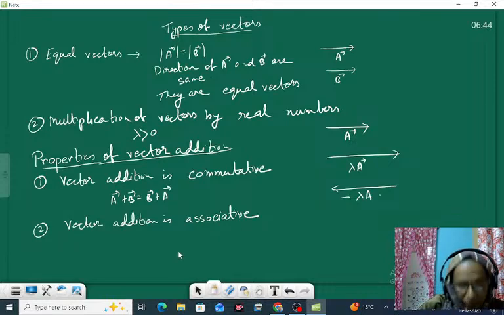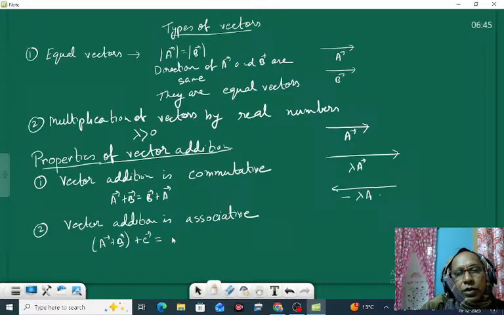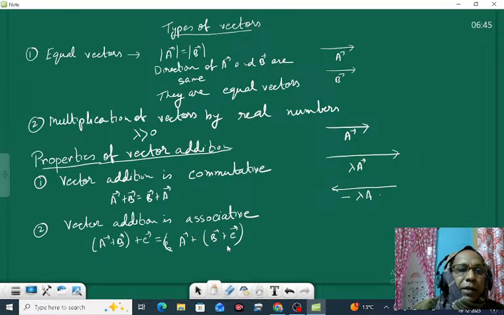First one, vector A plus vector B in bracket, plus vector C is equal to vector A plus vector B plus C in bracket. So we can say that in properties of vector addition, vector addition is commutative and vector addition is associative also, right?